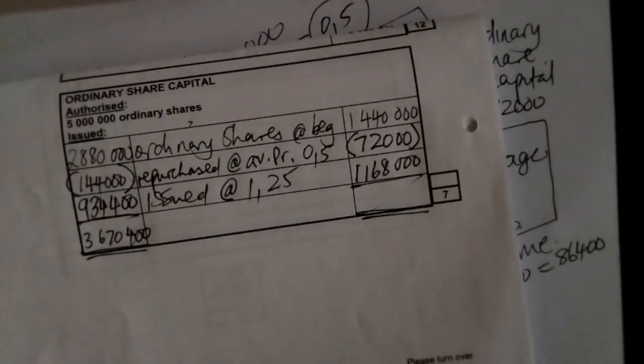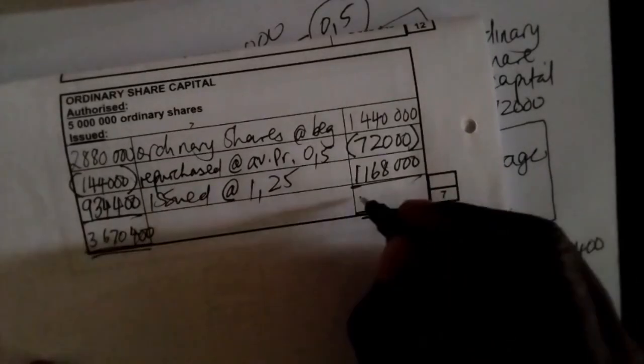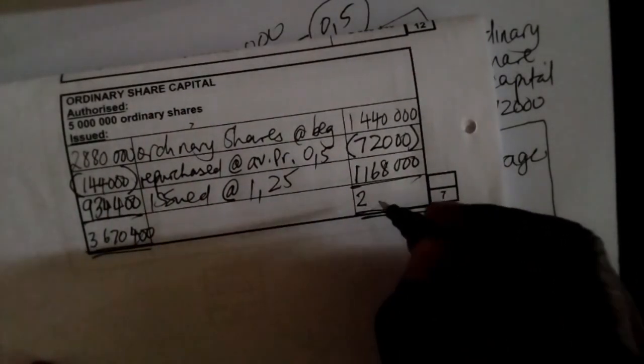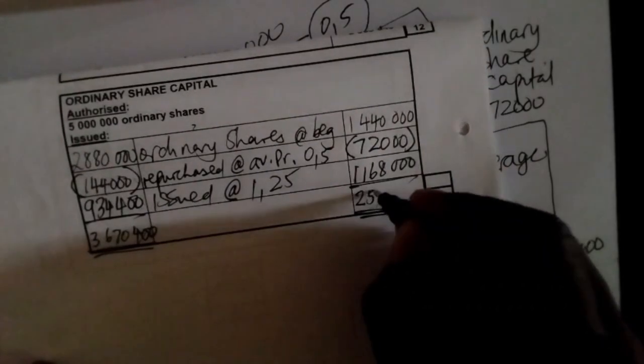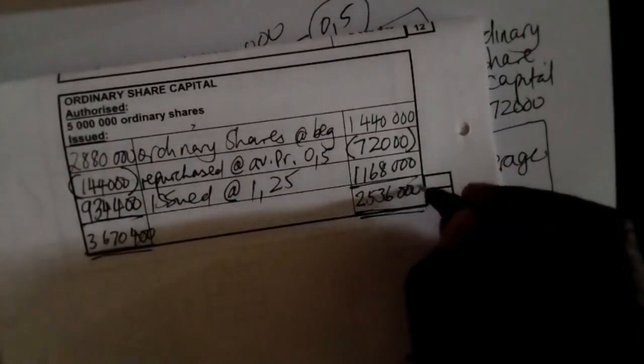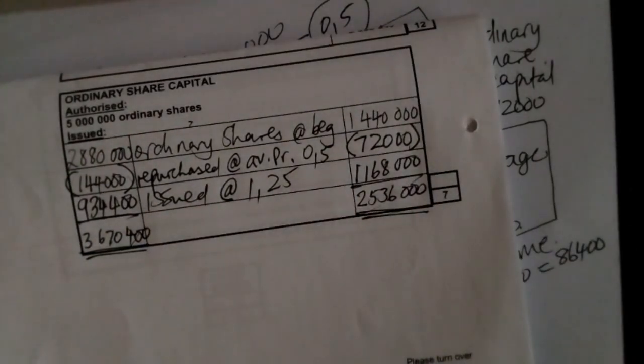Then you do the same on your value. It's 1,440,000 minus 72,000 plus 1,168,000, and this will give you 2,536,000, right? That's what it's going to give you.